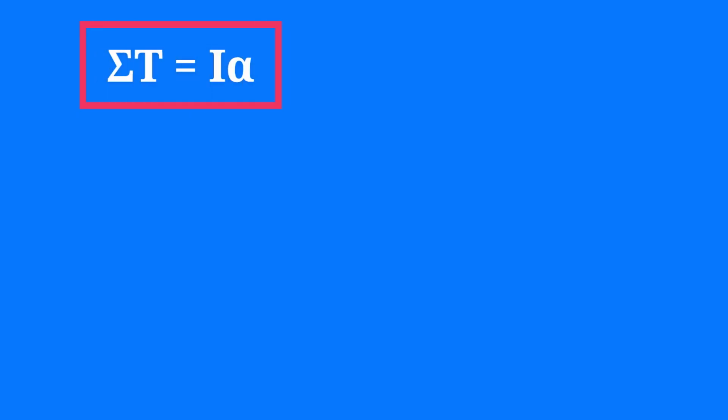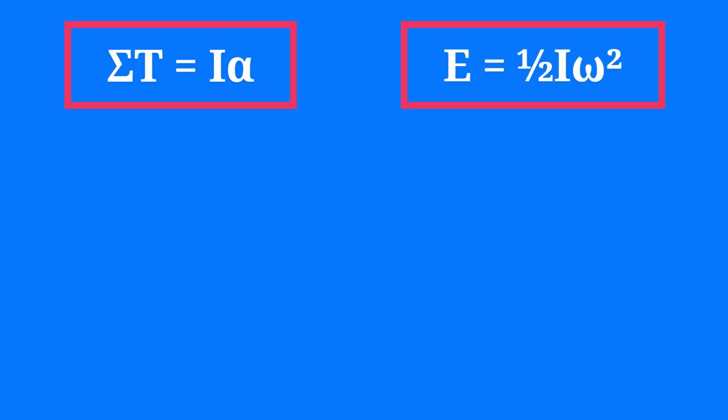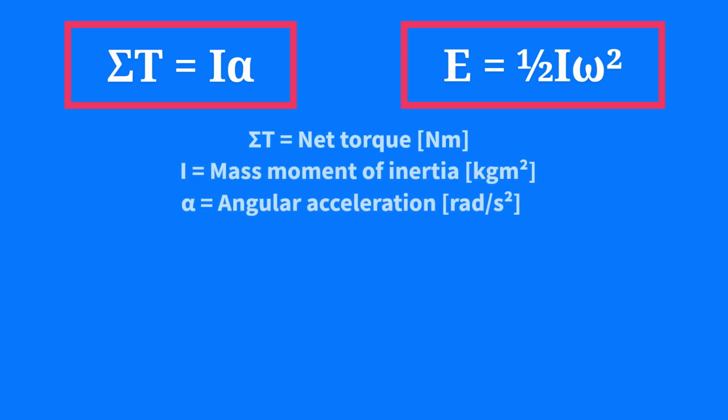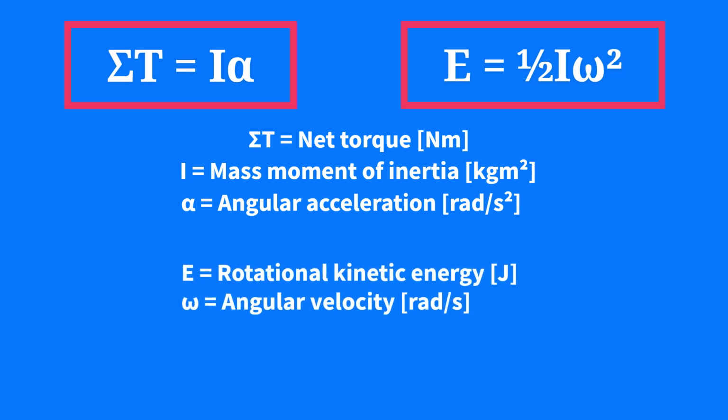Now, recall Newton's second law of motion for rotation and the rotational kinetic energy equation as mentioned in the first video. Torque is equal to the mass moment of inertia times the angular acceleration. And the rotational kinetic energy is equal to 1/2 times the mass moment of inertia times the angular velocity squared.